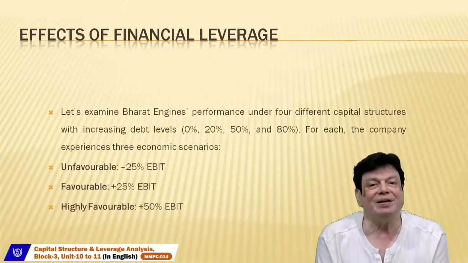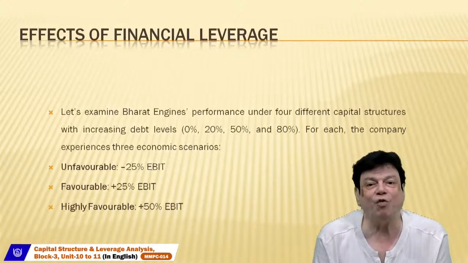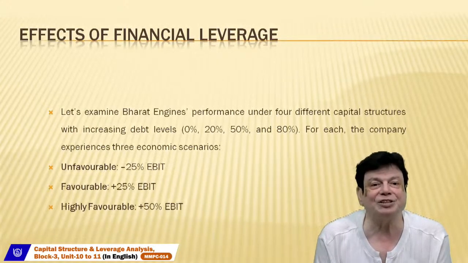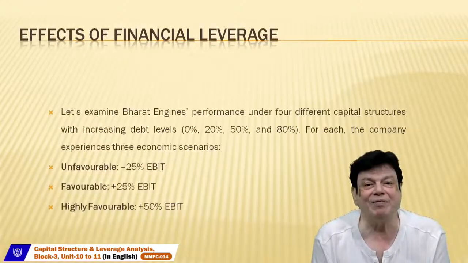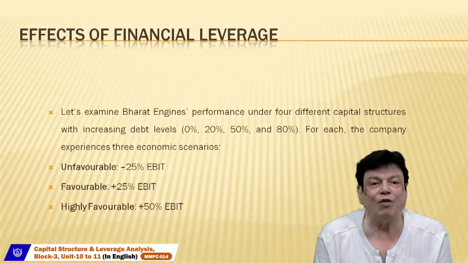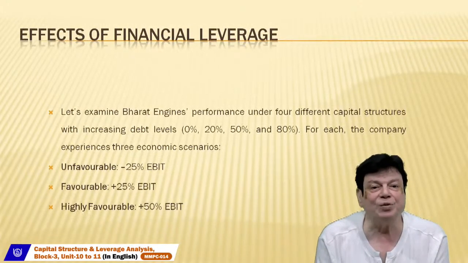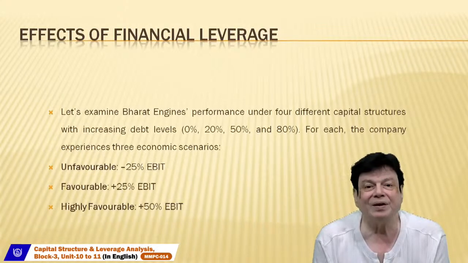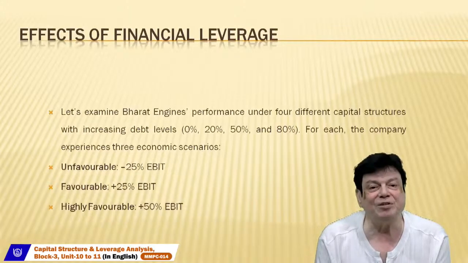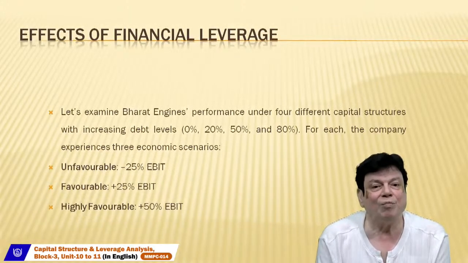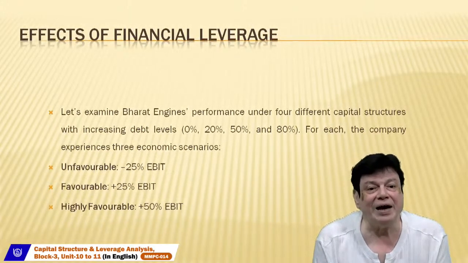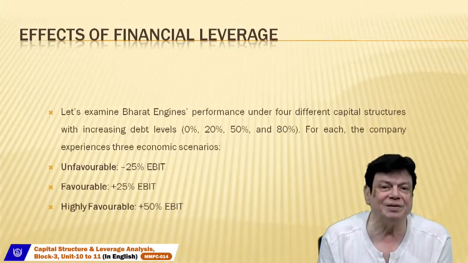Let's examine Bharat Engine's performance under 4 different capital structures with increasing debt levels: 0%, 20%, 50% and 80%. For each, the company experiences 3 economic scenarios: unfavorable, minus 25% EBIT; favorable, plus 25% EBIT; highly favorable, plus 50% EBIT.